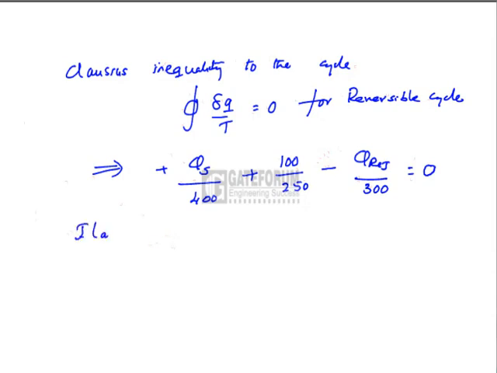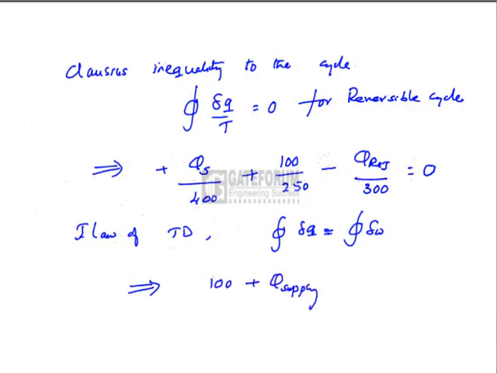Now coming to the first law of thermodynamics, cyclic integral of delta Q is equal to cyclic integral of delta W, which implies 100 plus Q supply is equal to Q rejected.